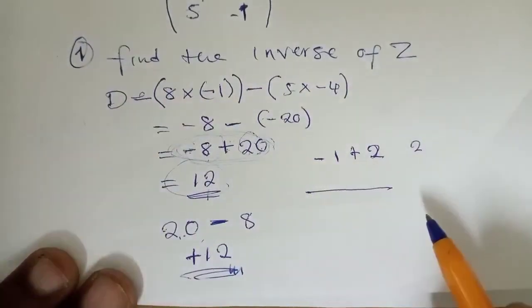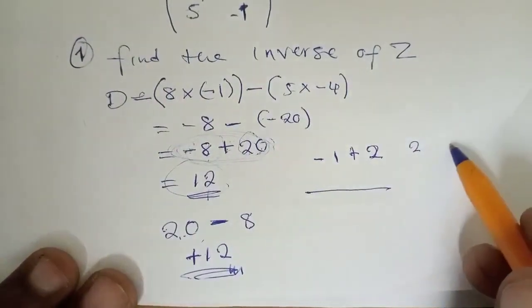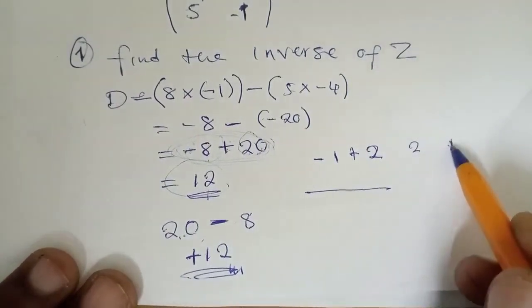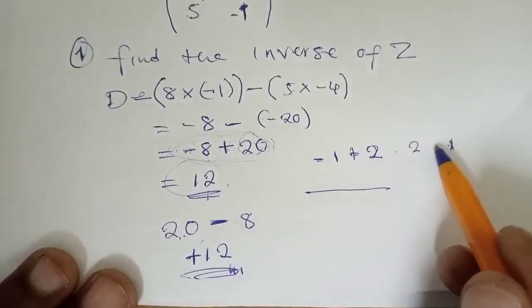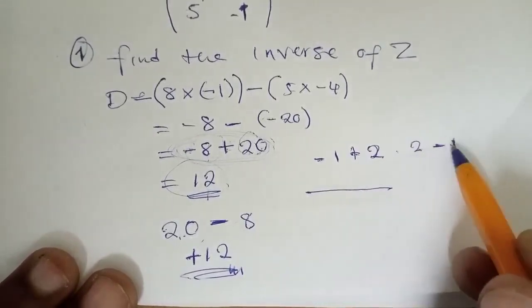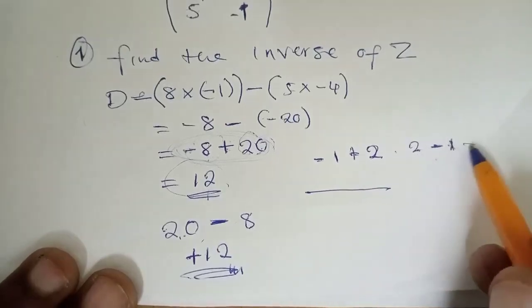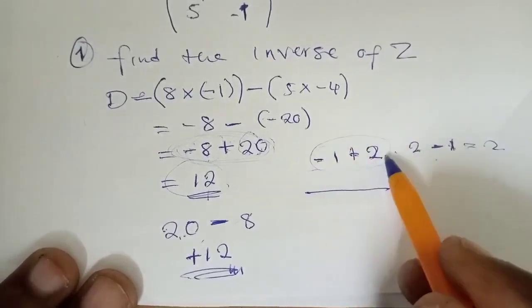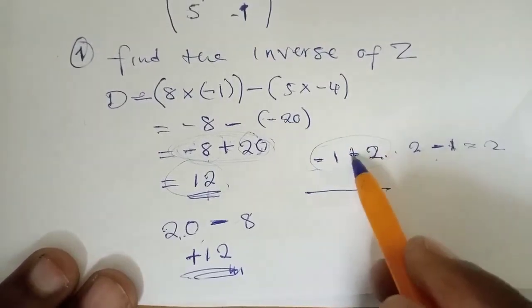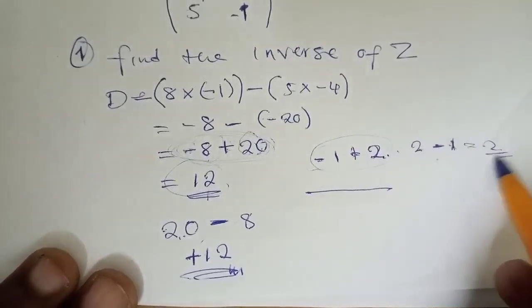The smaller number is 1, on the right side. Negative times positive is negative. Then 2 minus 1 is 1. The sign of the bigger number in the original question is positive, so it is positive 1. This is how we found it.